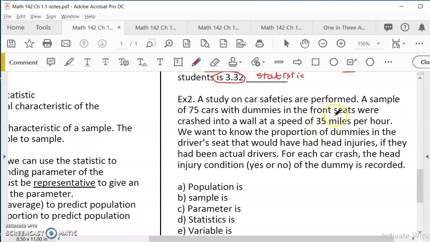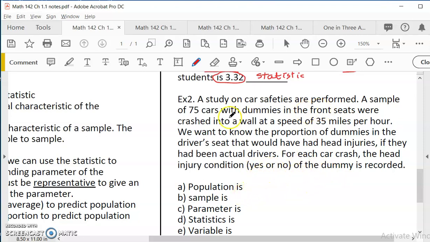So they crash the car into a wall with dummies sitting in the front seat. We want to know the proportion. Proportion, remember, is the percentage of dummies in the driver's seat who would have had injuries if they had been actual drivers. For each car crash, the head injury condition of the dummy is recorded. So the population is what?